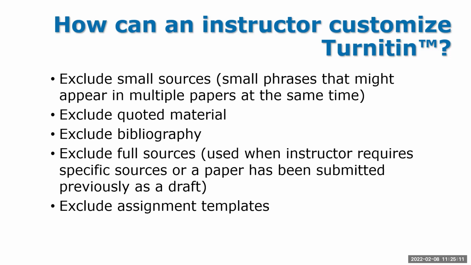So those are the ways that the instructor can tweak the Turnitin so that when you get your results, it will be included or not included, and you'll have to look at them to see what Turnitin says about it.